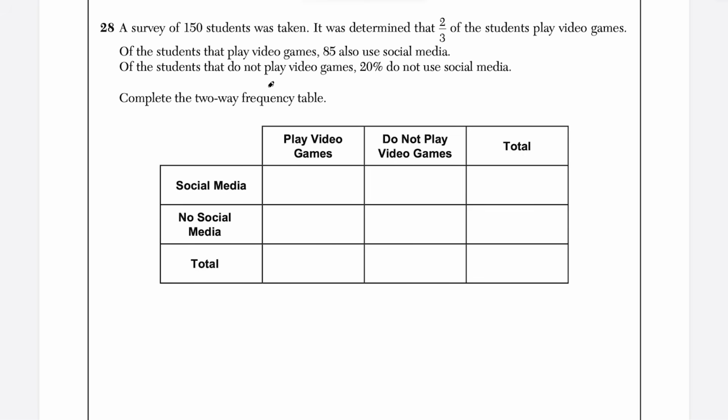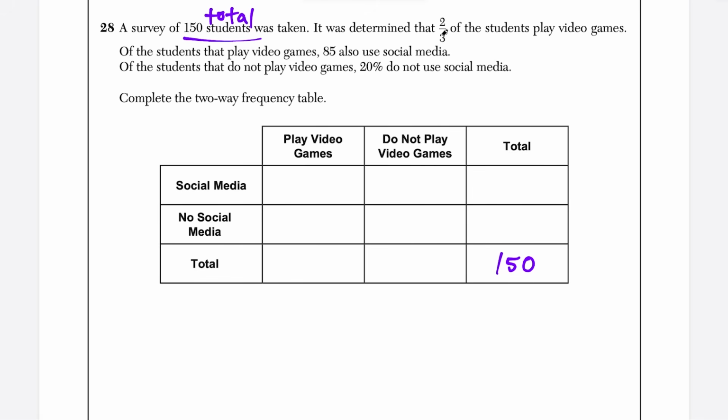So for questions like this, I like to go piece by piece and then reread to help fill out the other pieces. Here, the most obvious information they gave us is that there is a survey of 150 students that was taken. So this represents the total, all of the students in the survey.